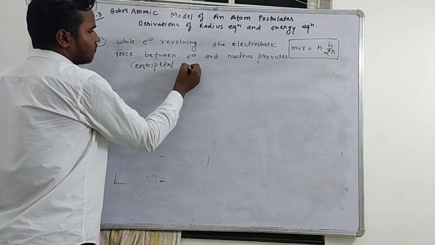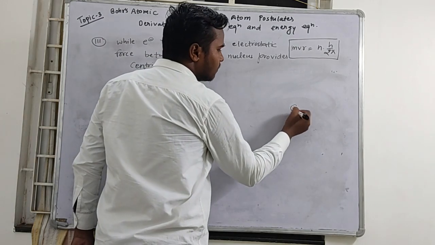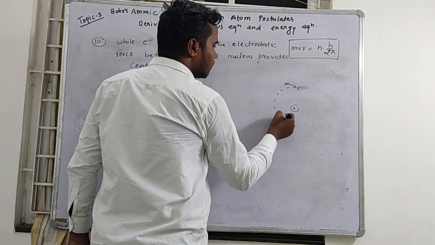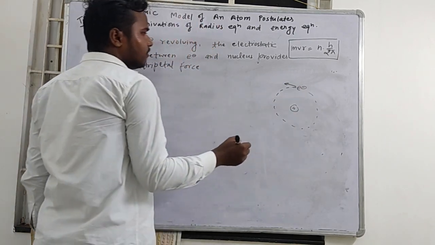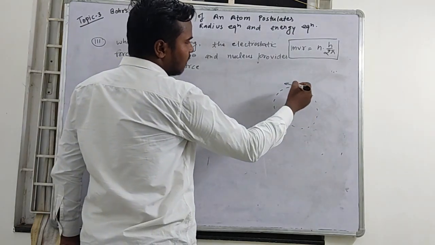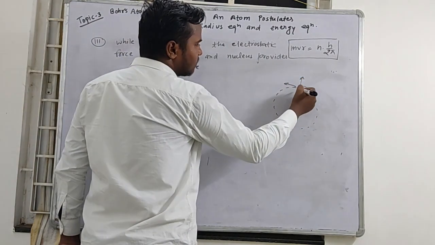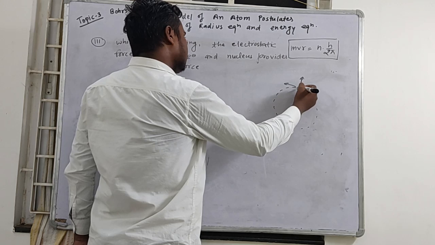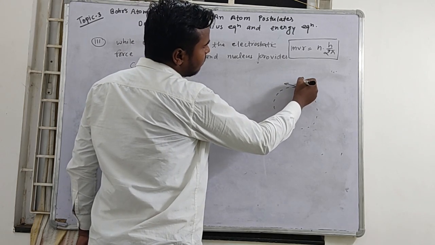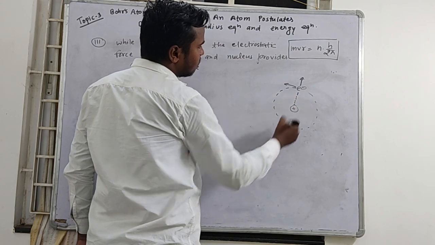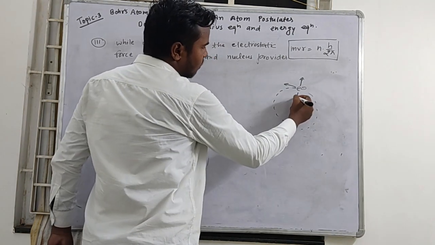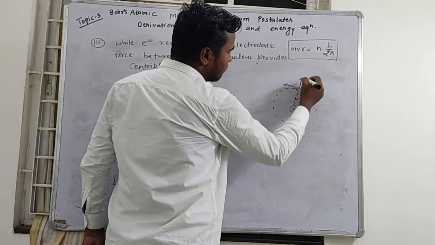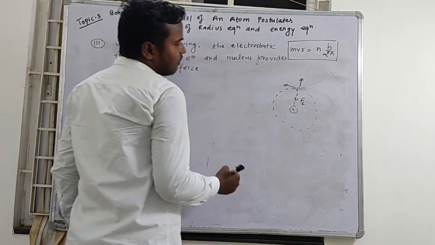Centripetal force means, if this is the nucleus and this is the electron revolving around the nucleus, it moves around the nucleus only when the centrifugal force coming in this direction and the centripetal force coming in this direction balance, and the centripetal force is denoted as Fc.